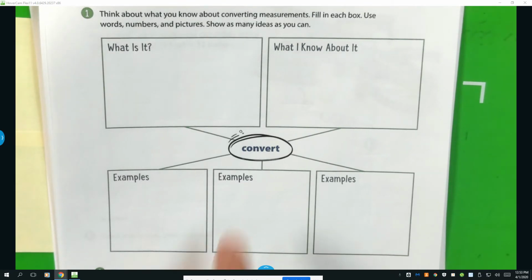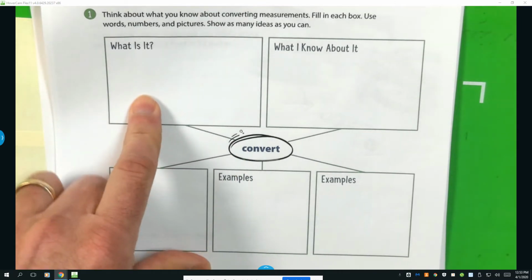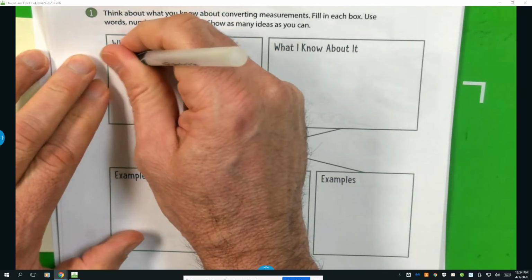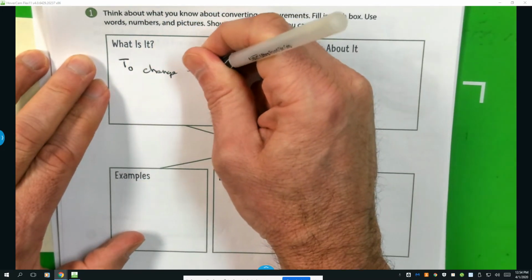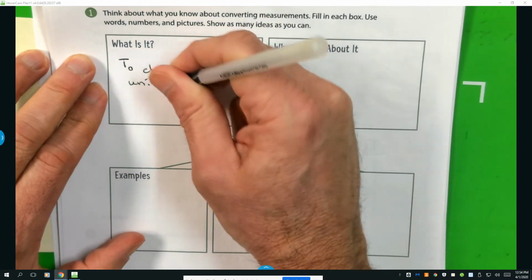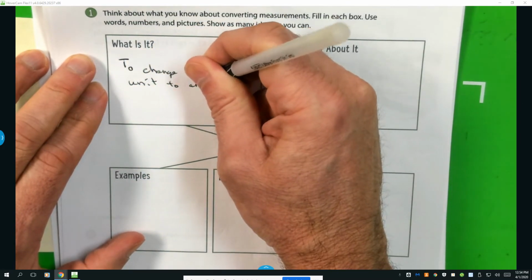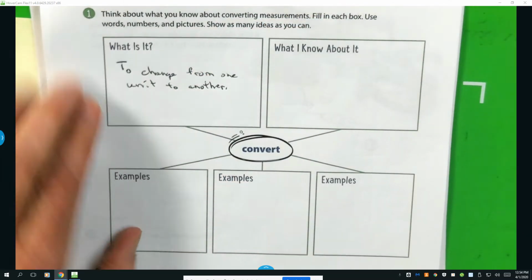So what does it mean to convert? That is just to change from one unit to another. What do I know about it?